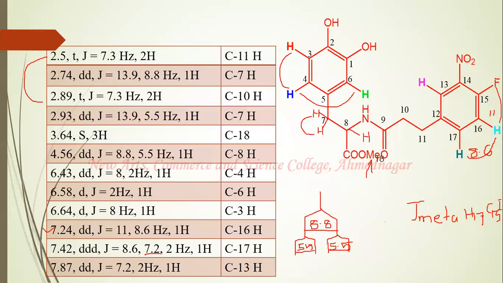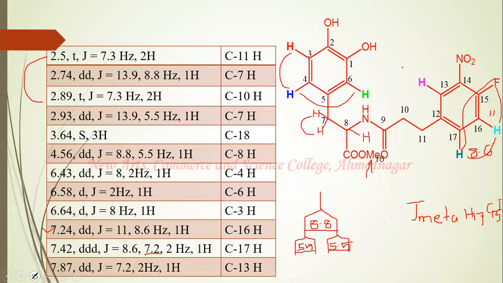That is, this coupling constant value will be 7.2 hertz. And this proton gives me doublet of a doublet of a doublet with 3 different coupling constant values. And the last signal is 7.87 doublet of a doublet, J is equal to 7.2 and 2 hertz.